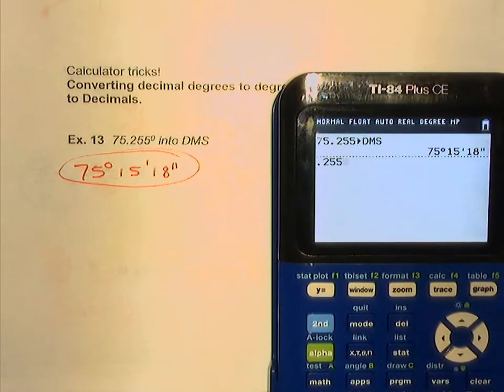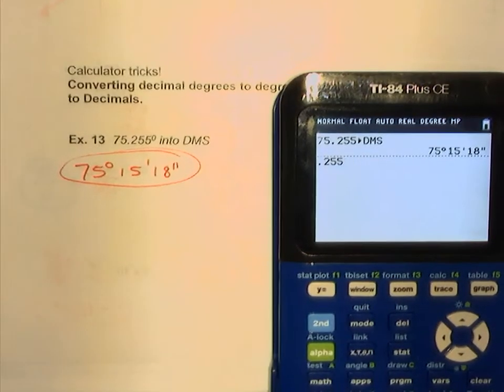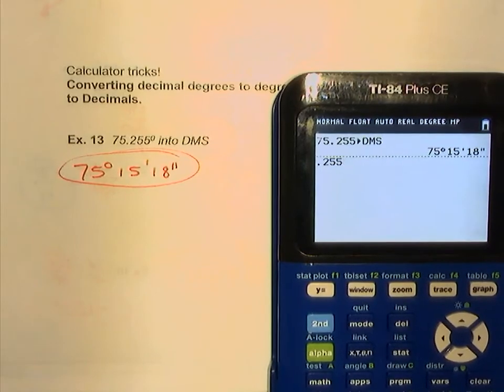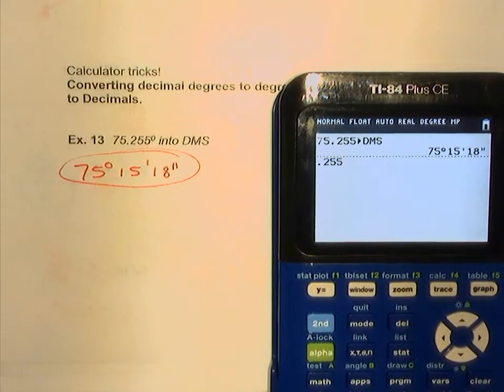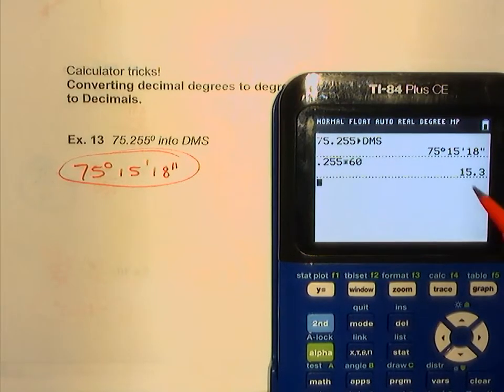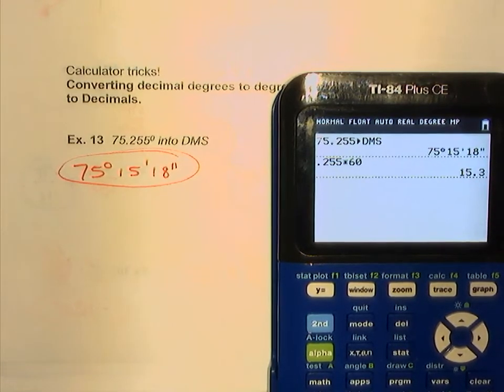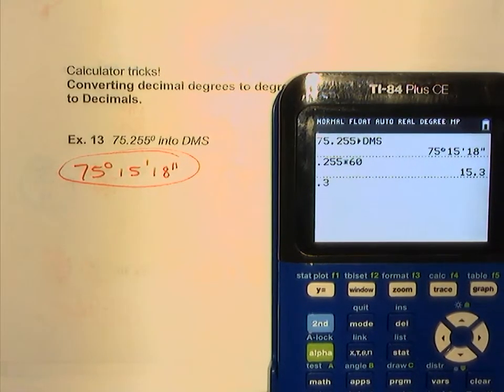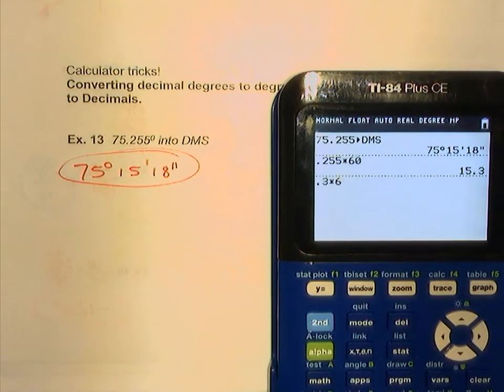How many minutes are in a degree? 60. So if you multiply by 60, that's where the 15 comes in. I get 15.3 minutes, and now I take that decimal 0.3 and multiply it by 60 to convert that into seconds. So that's where they get the 18 seconds from.